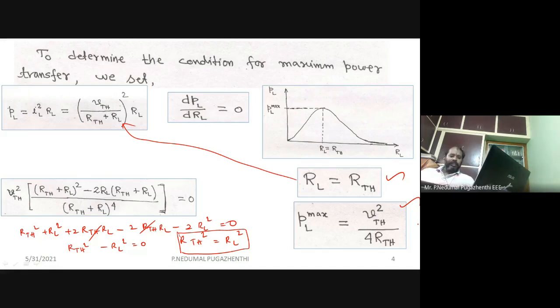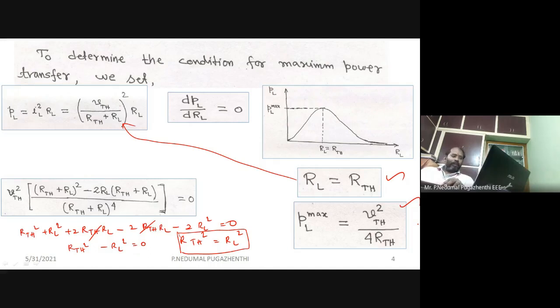So this is the condition. So in these two slides, what conclusion do we come to? Any two terminal network can be converted into an equivalent Thevenin circuit, which will have a Thevenin voltage source in series with the Thevenin resistance.